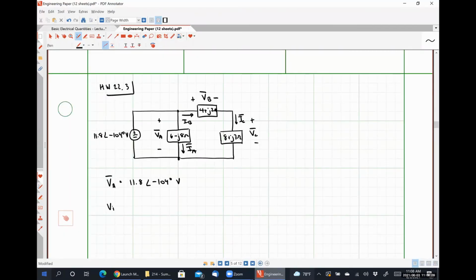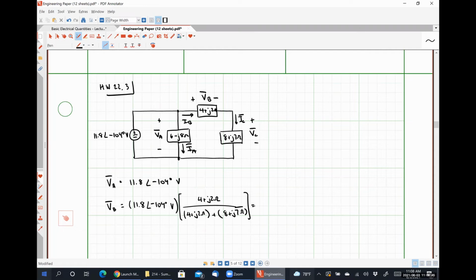Using voltage division, I could say that VB is 11.8 angle negative 104 degrees volts times, my numerator is 4 plus J2 ohms, and my denominator is 4 plus J2 plus 8 plus J7.